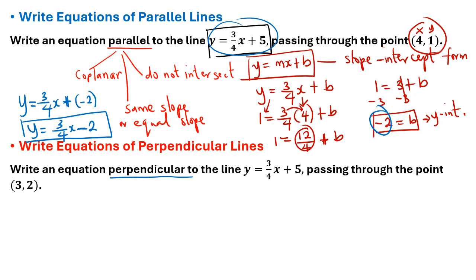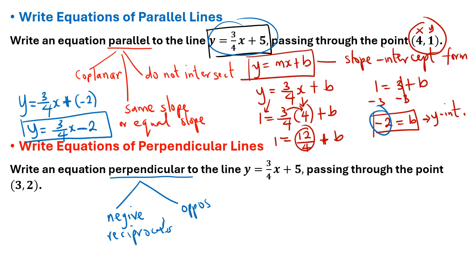If two lines are perpendicular, their slopes are opposite reciprocals, or some people would say negative reciprocals.